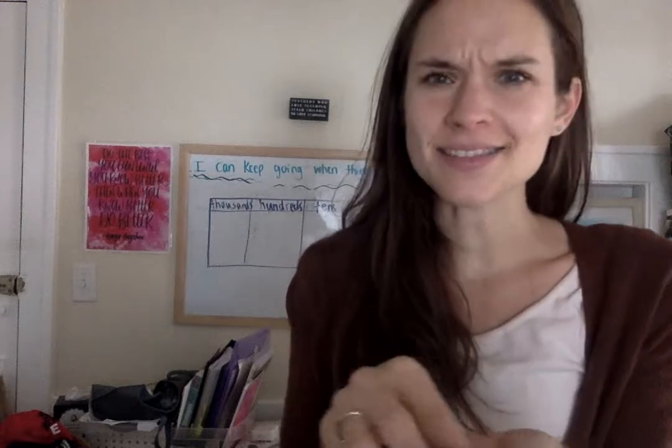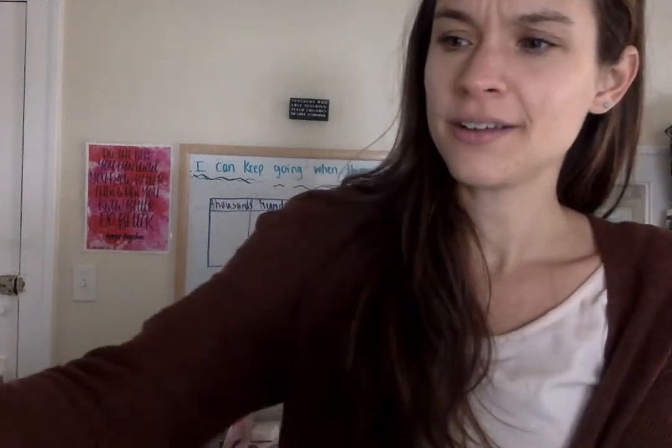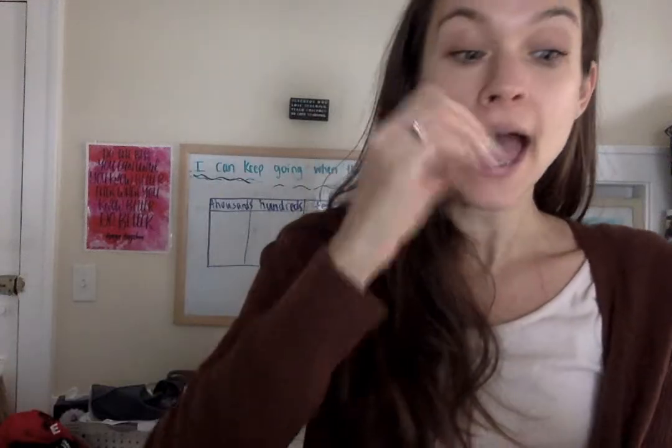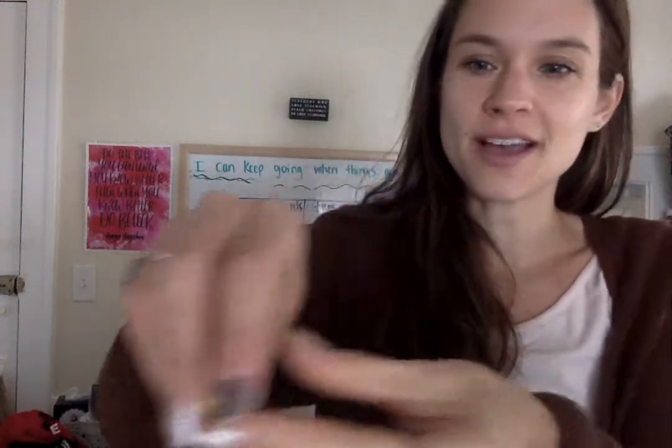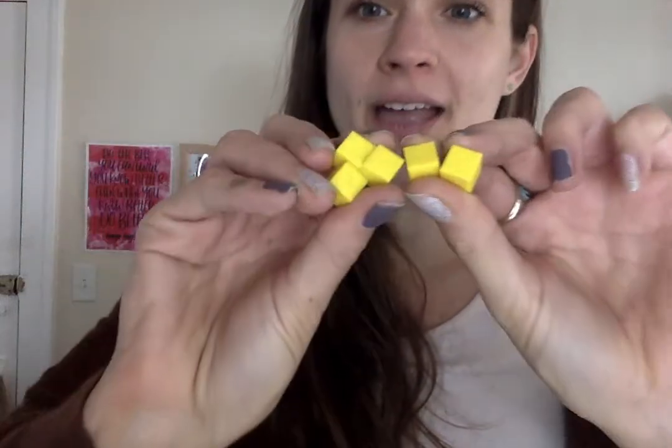All right, how many hundreds are in the number 5? How many hundreds? 0. How many tens are in the number 5? Are there tens in the number 5? Nope, 0 tens. How many ones are in the number 5? 5. There are 5 ones in the number 5.